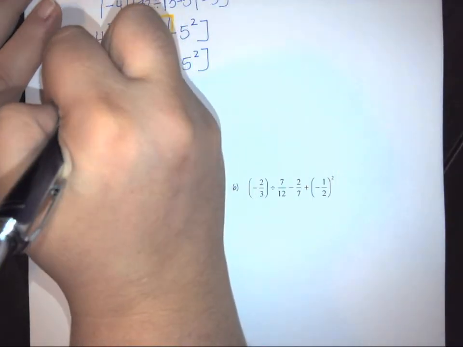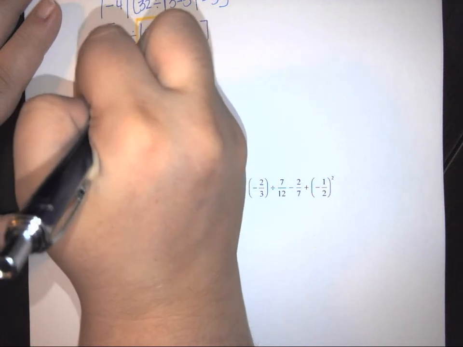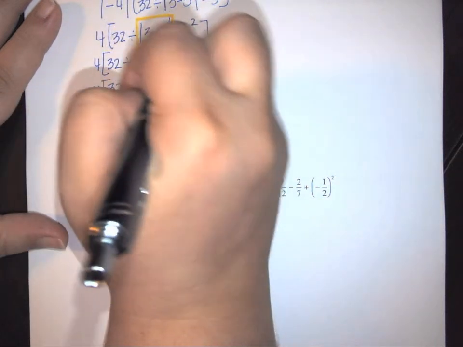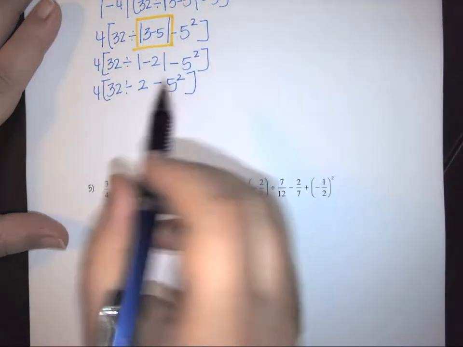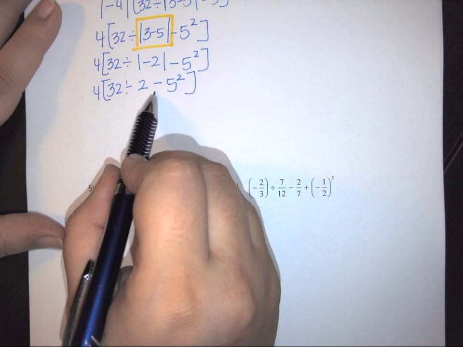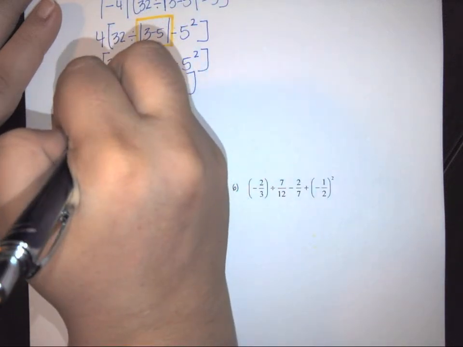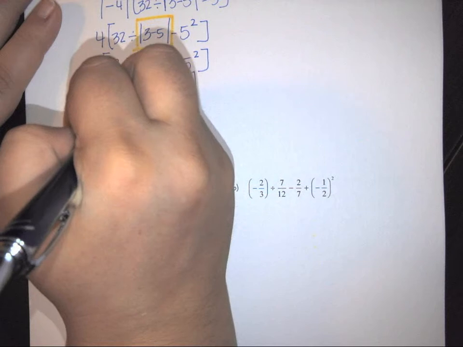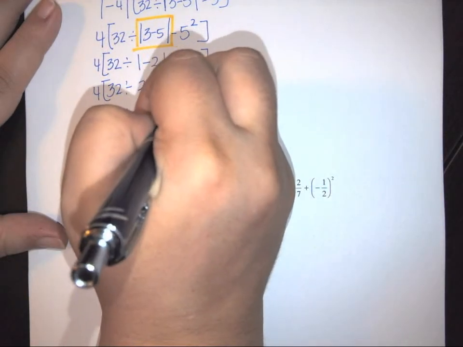Evaluate my absolute value, and this is 4 times 32 divided by 2 minus 5 squared. In this bracket, I have no more absolute values or parentheses, so I have to do my exponent. So this is now 4 times 32 divided by 2 minus 25.